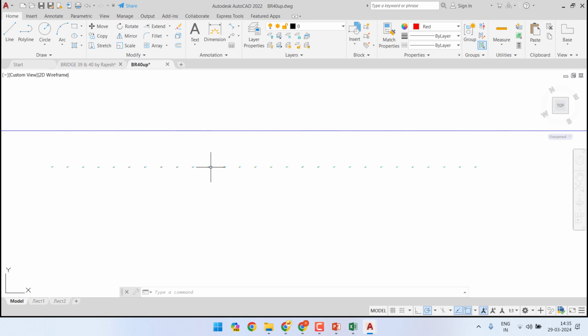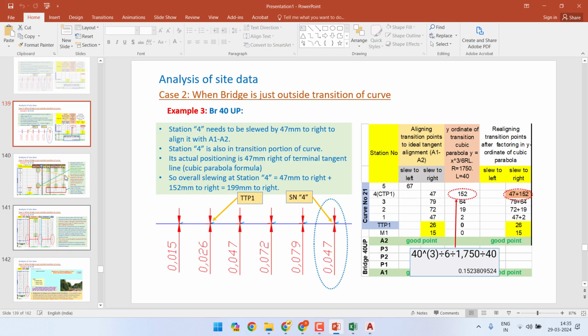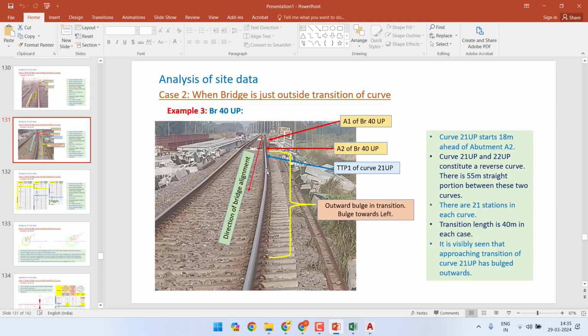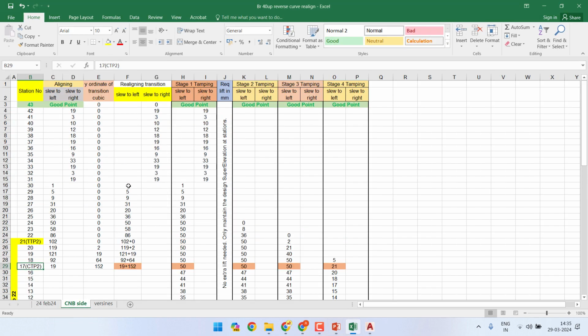Whatever we use as the terminal tangent, we saw that just like at the start of the reverse curve, the track has bulged outwards. Same was the case on the other side of the reverse curve also. There also, the curve has bulged outside. So here we needed a slewing towards this side, which means towards right if we are looking towards the upside with respect to increasing kilometer, and on the other side the slew was towards left.